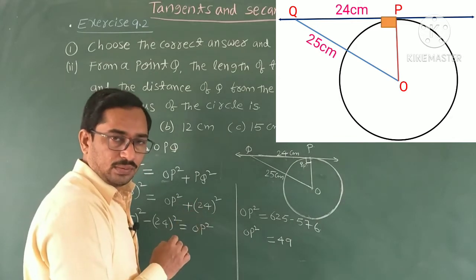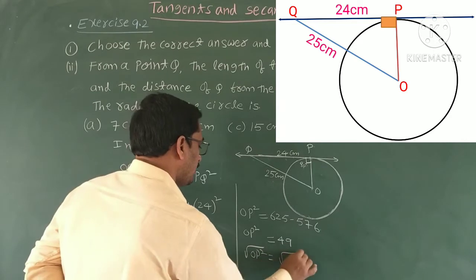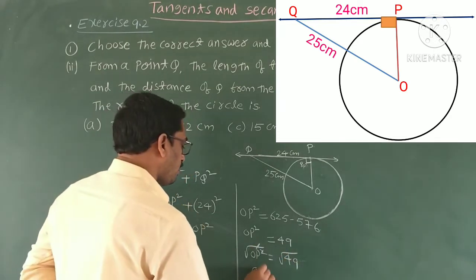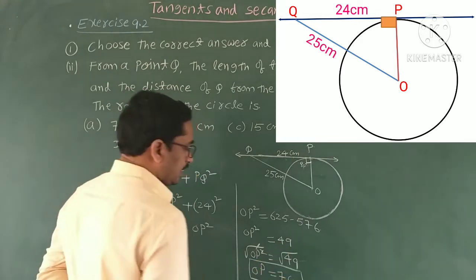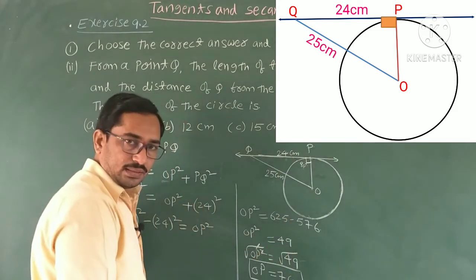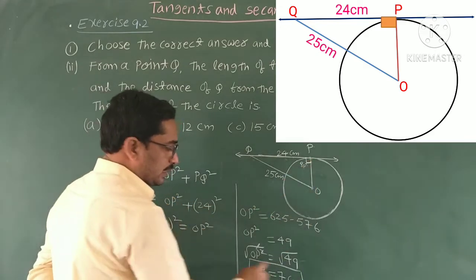Apply square root on both sides. Under root of OP square equals under root of 49. Square root cancels, OP equals root 49, value 7. The radius of the circle OP equals 7 centimeters.